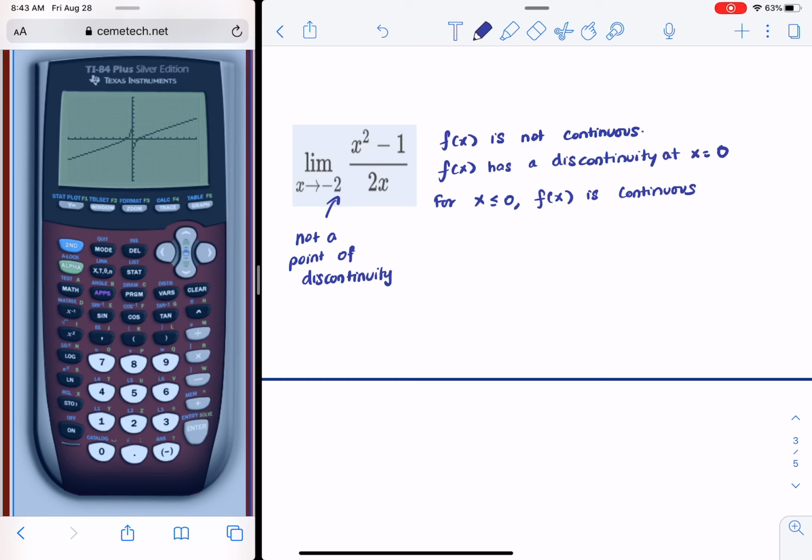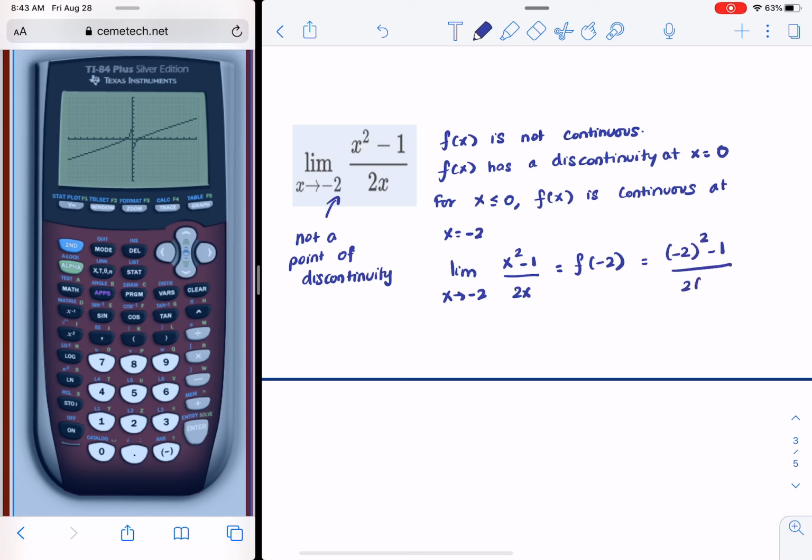So limit x approaches -2, x squared minus 1 over 2x would simply be equal to f of -2, which is -2 squared minus 1 divided by 2 times -2. So 4 minus 1 over -4, you get 3 over -4, which is minus 3 over 4.